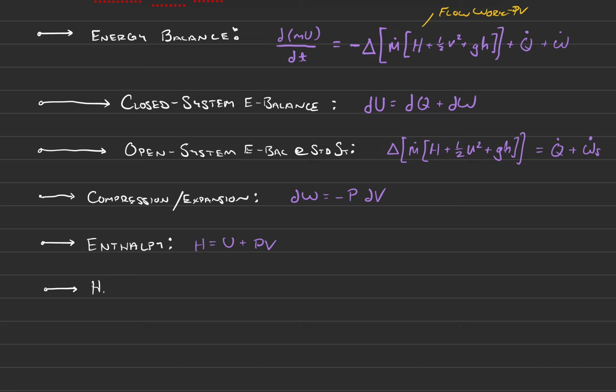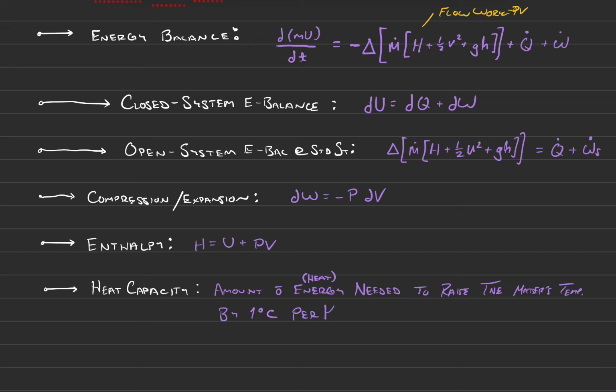So we said, in general, heat capacity, by definition, is the amount of energy, and then I think you can call that energy in the form of heat, needed to raise the matter's temperature by 1 degree C, and you do that on a kilogram basis, right? So we'll say per kilogram.